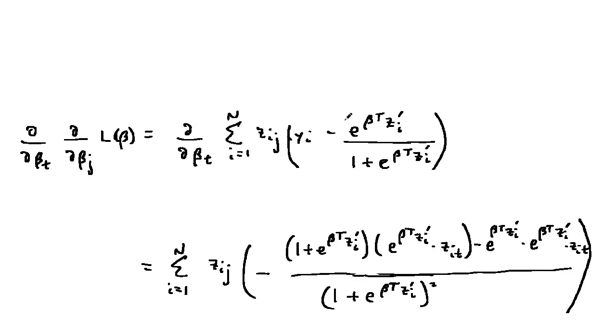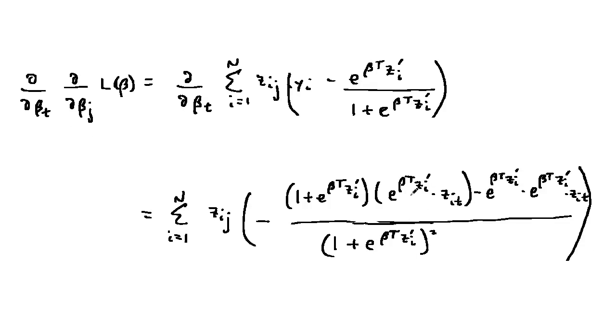Okay, here we have a quotient, so we use the quotient rule to get this. Low d high minus high d low, all over low squared. So we get this, 1 plus e to the beta transpose z_i prime times the derivative of this, which is this, minus the numerator times the derivative of the denominator, which is this, all over the denominator squared. Okay, multiply this out here, distribute to each term here, and we get some cancellation.